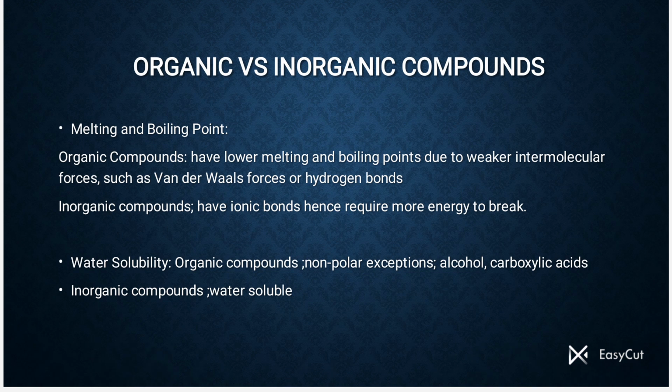So the bond between them is very weak. These forces are not as strong as the ionic bonds found in inorganic compounds. So it makes the melting and boiling points of organic compounds generally low as compared to those of inorganic compounds.